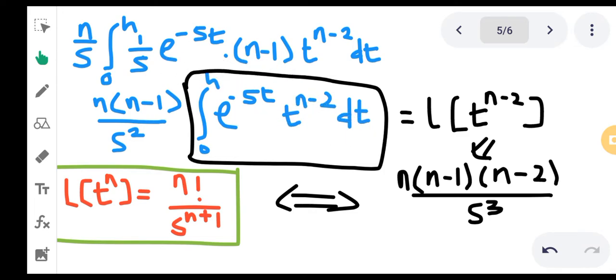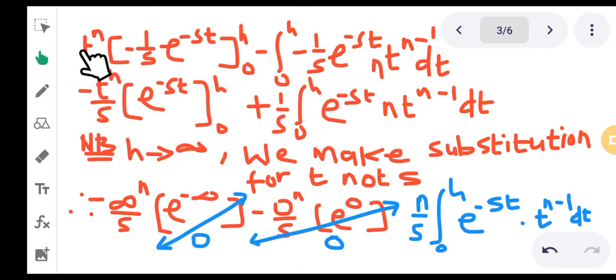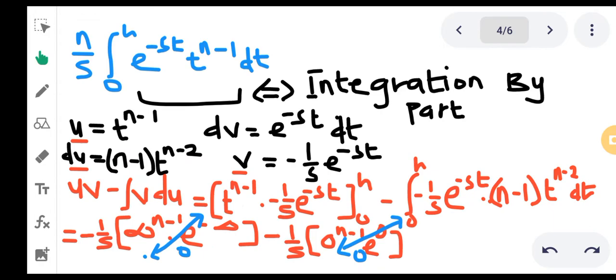Okay, so what this also means is that we've gotten another Laplace, because when we apply a Laplace of t exponent n minus 2, the idea is that whenever we applied a Laplace of t exponent n, the n came out over the s.